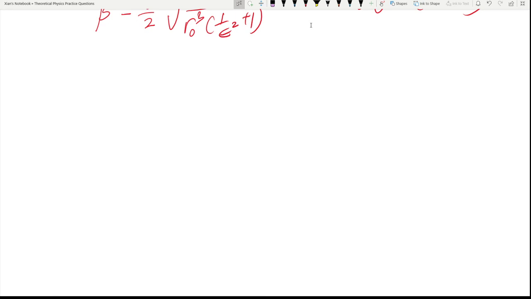What about the eta? Well, because F dissipation will only make sense for, and therefore.